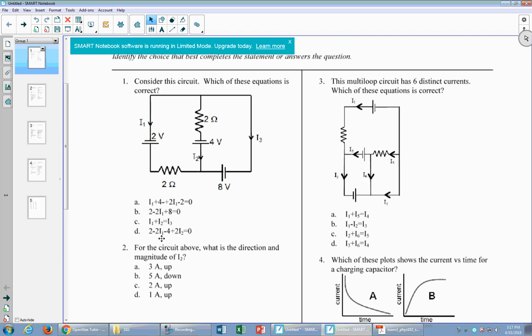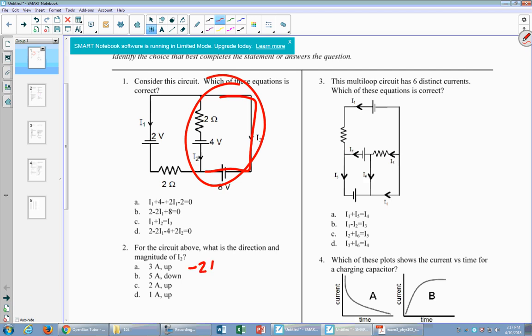For example, on this one, if I want to know the magnitude of I2, first of all, I need to recognize that I want to look at this loop because this branch over here has no resistor in it. And then I would say negative 2I2 plus 4 minus 8 equals 0. Write my loop rule.